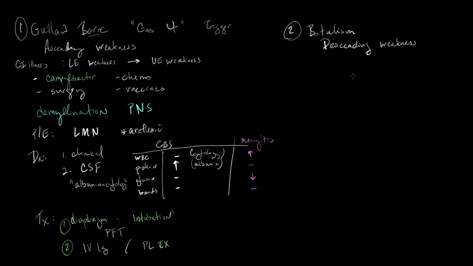And what the presentation is, someone that comes in usually with eye symptoms, so they will have ptosis, weakness of the face, and that will descend to include the upper extremities, and importantly, as in Guillain-Barré, it can include the lungs.